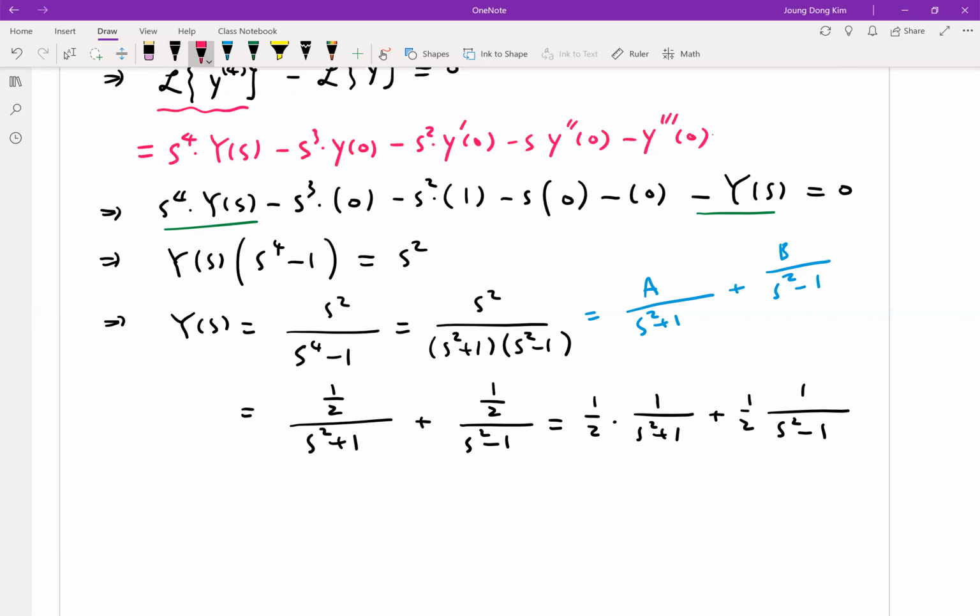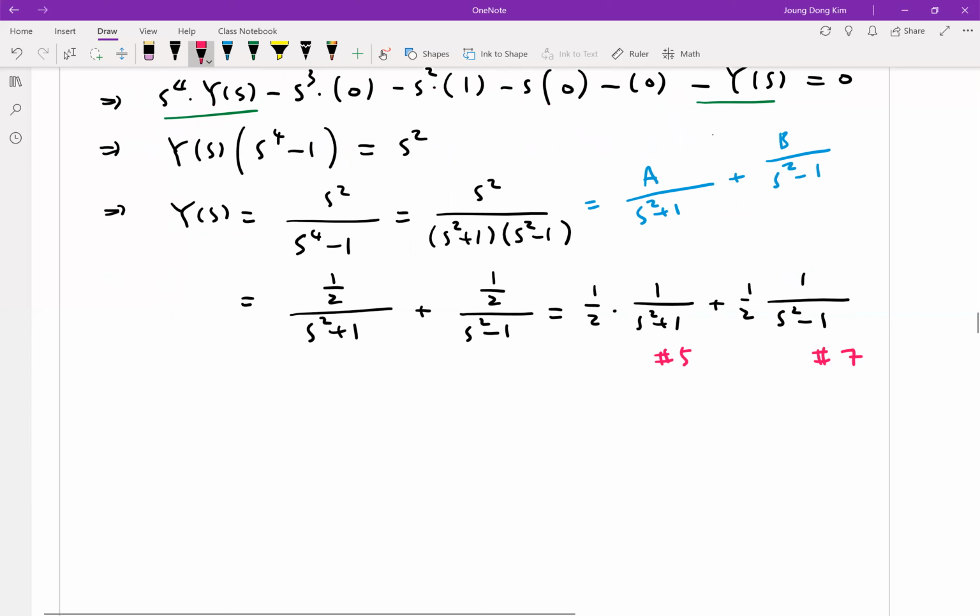The reason why we have to write it this way is that whenever you check the Laplace transform table, you can easily find this is number 5 and this guy is number 7, which is hyperbolic sine, right? There we go. Okay, we're almost here.